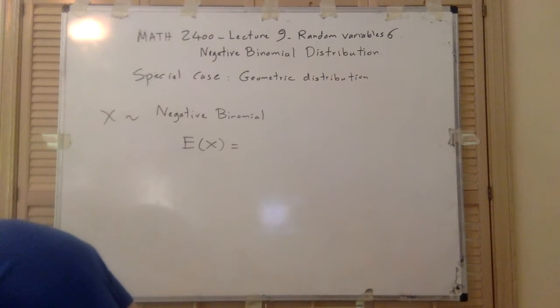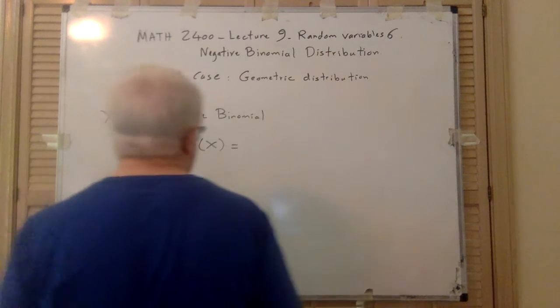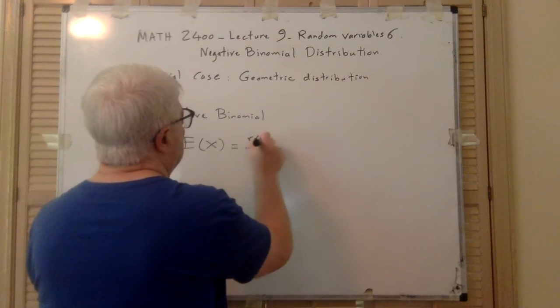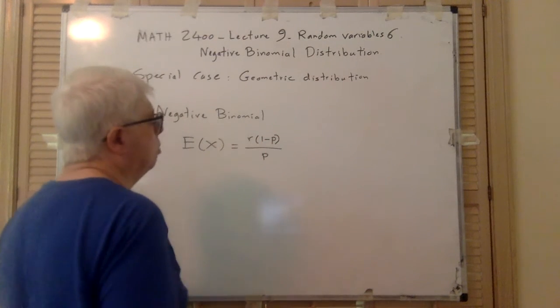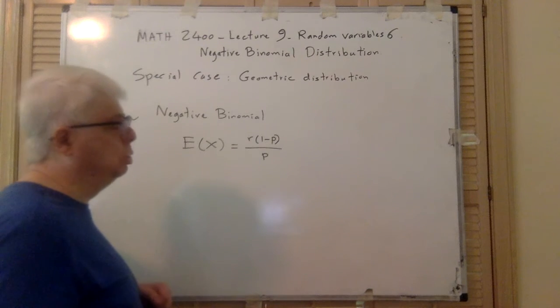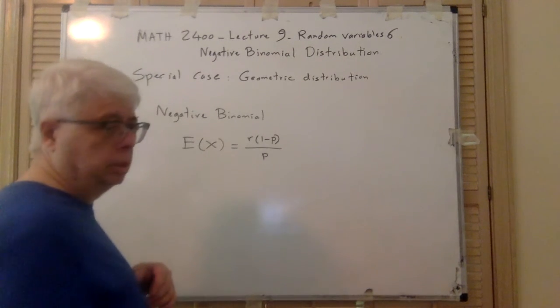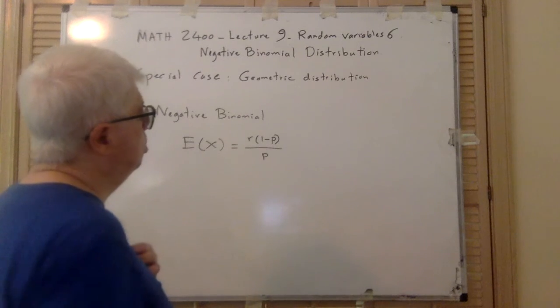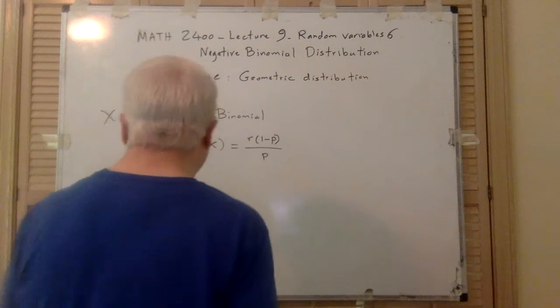I can derive it, but the way that you can derive it is using, again, Bernoulli, and write negative binomial as the sum of some Bernoulli distributions, and then just add them.